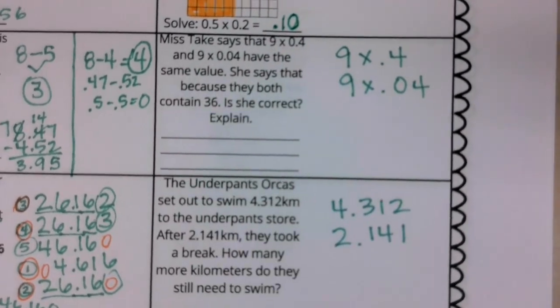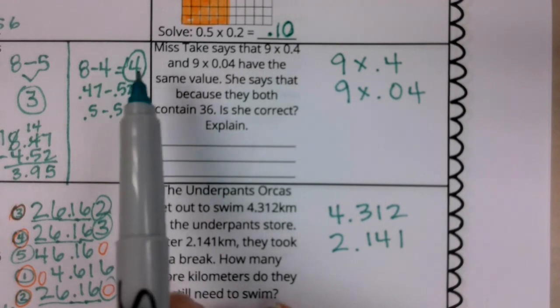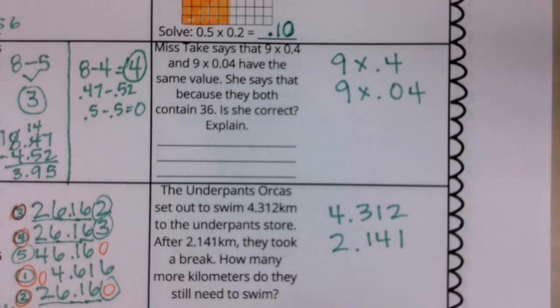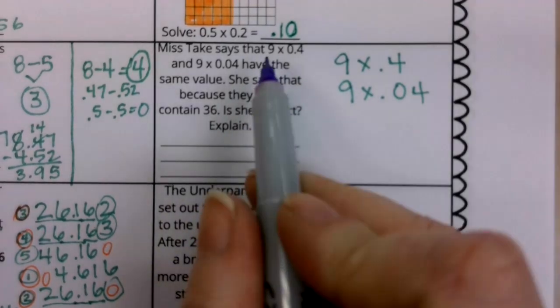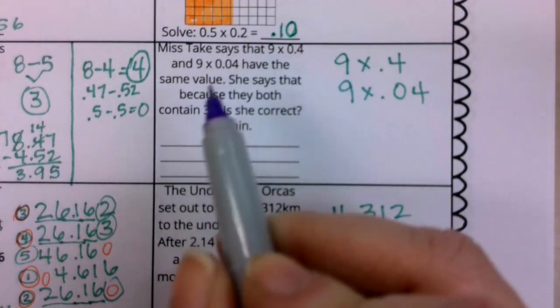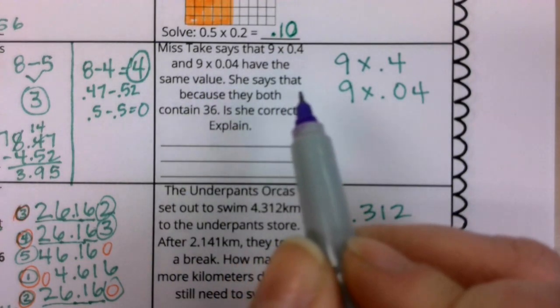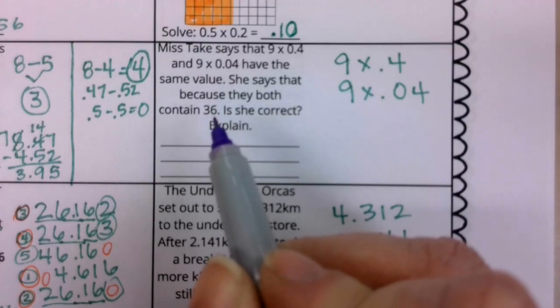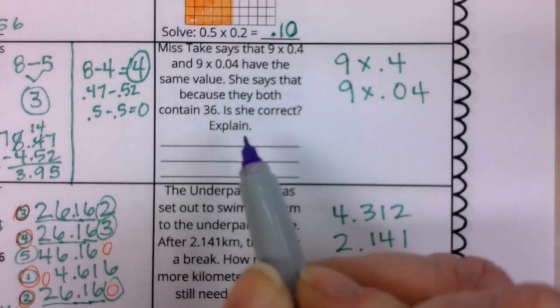Now, this next one is about someone called Mistake. Maybe that gives me a clue about what I'm going to see in this problem. Well, she says that 9 times 4 tenths and 9 times 4 hundredths have the same value. She says that both are correct because they contain 36. Is she correct? Explain.